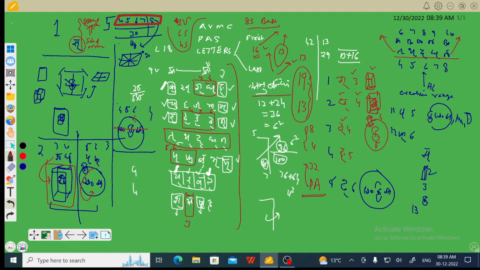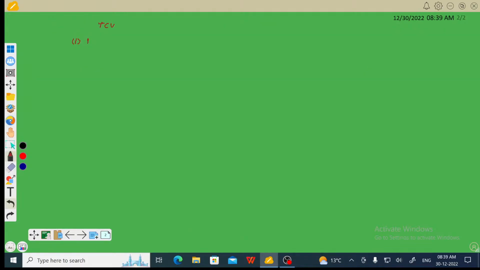Let me make it specific. When we are in our TCB dictionary, then first we shall take up Anubandhas. These are 13 in number, and these should be taken as the first letter of the fifth column.